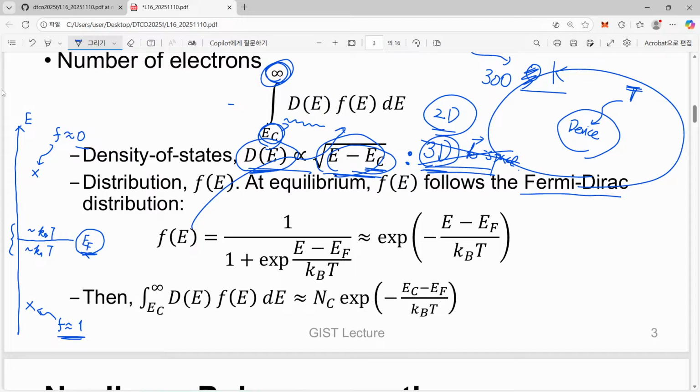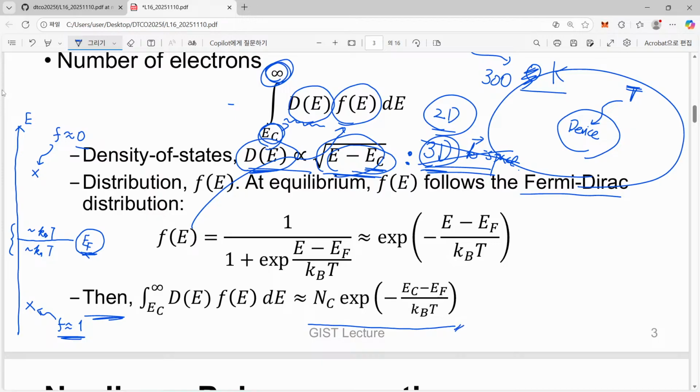So we have to integrate the product of density of state and the distribution function. You have seen this kind of discussion several times. Then if we perform that properly, we arrive at this kind of expression.